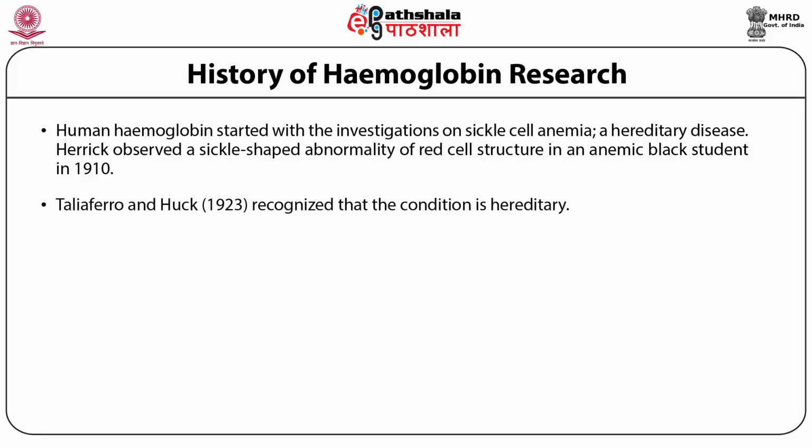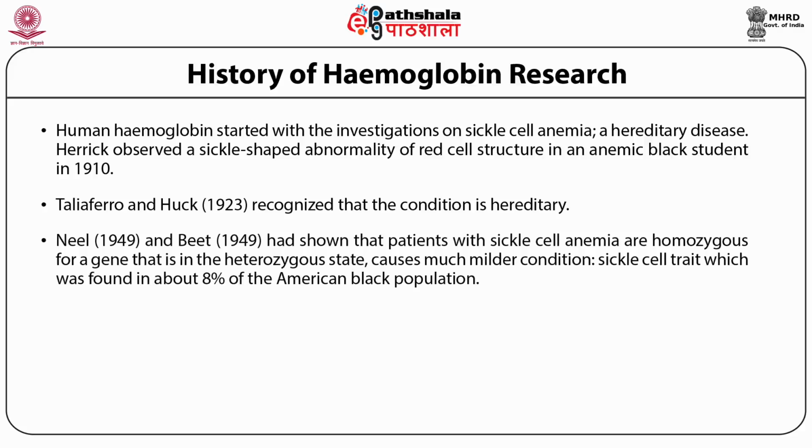Taliaferro and Huck recognized that the condition is hereditary. Neel and Beet had shown that patients with sickle cell anemia are homozygous for a gene that is in the heterozygous state, causing a much milder condition, sickle cell trait, which was found in about 8% of the American black population.